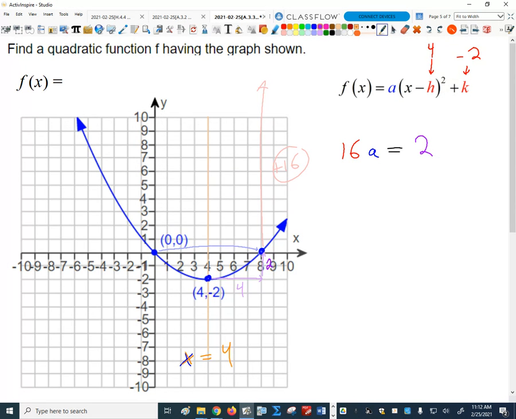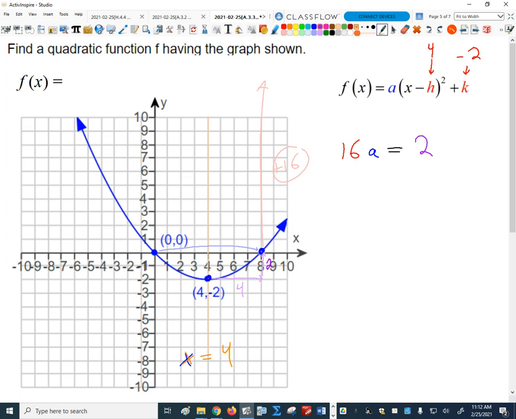Okay, so then all I've got to do is solve for A. Well, how do I undo multiplying by 16 to get the A by itself? What do I do to both sides? Type it in chat. I got to figure out what A is. Okay, good.